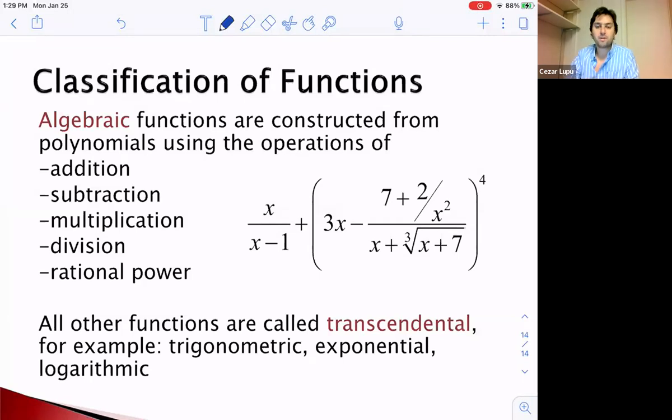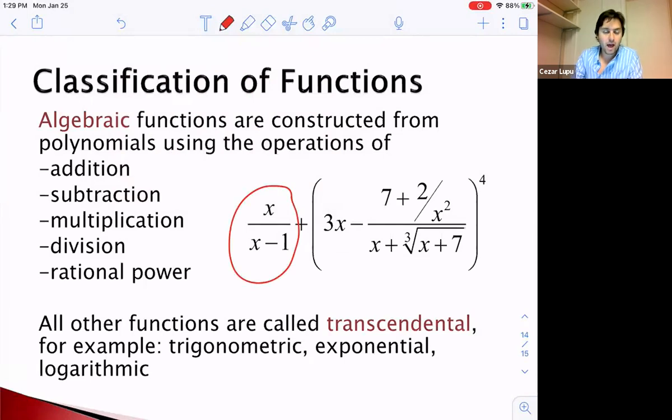Let's look at this example here. It looks kind of ugly, but let's look at it. I have a sort of a combination here. The first function, this guy here, is a rational function.